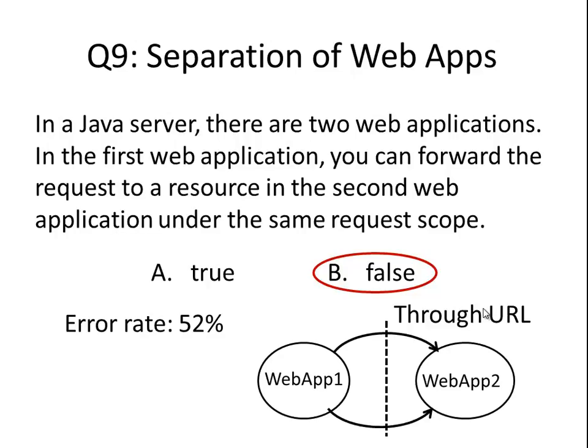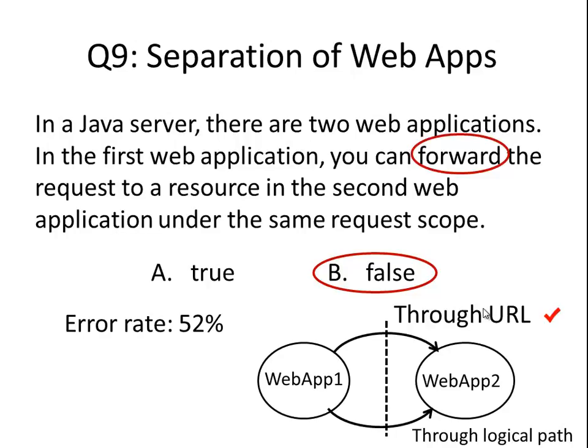Okay? But there is an internal way, possibility, internal way. That's through logical path. Okay? Internal logical path. Okay, yeah. And the first way, no problem. But the second way, based on the Java EE specification, there is a problem.